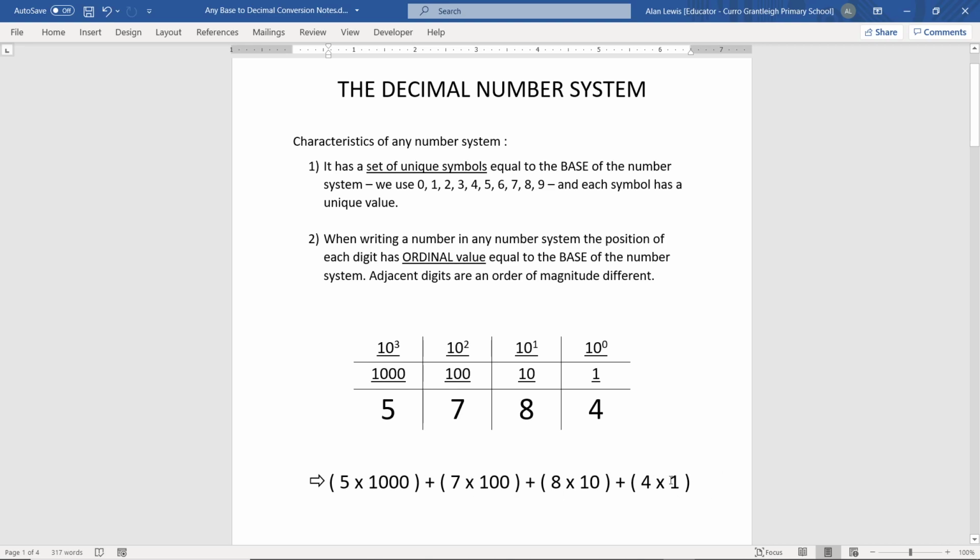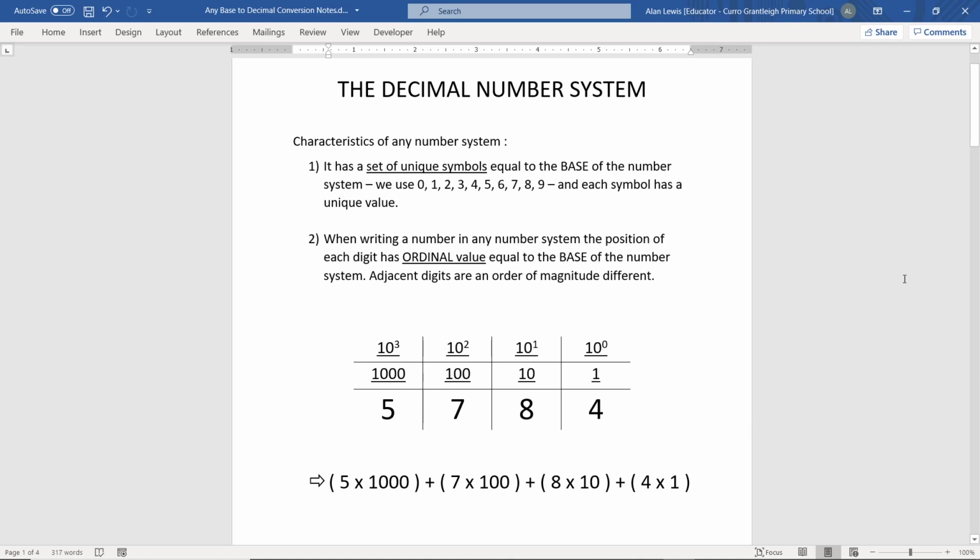So that there is what my number is. I've got 5 thousands, 7 hundreds, 8 tens, 4 ones. And if that's all added up, it comes to 5,784. So this is not something new. You will remember this from junior school. Okay, so that is the decimal number system.